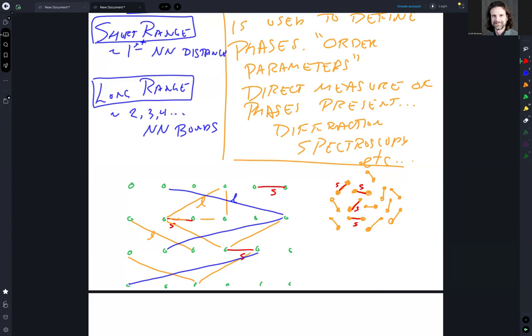But if I start asking about long range, well, I've got something here, and then over here, I don't really have that. Yeah, I guess I kind of do here, but that's really weak compared to what we're observing on the left-hand side. Same thing if I go to even longer range.